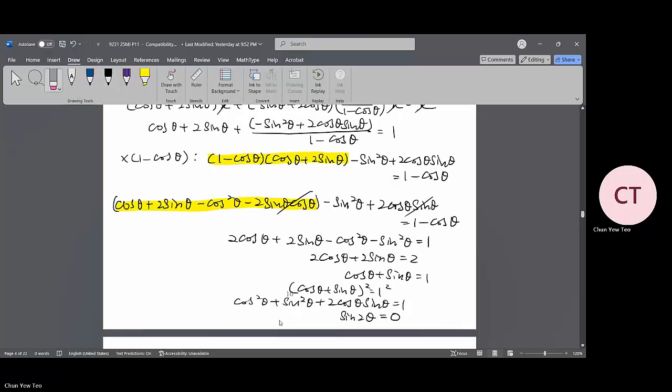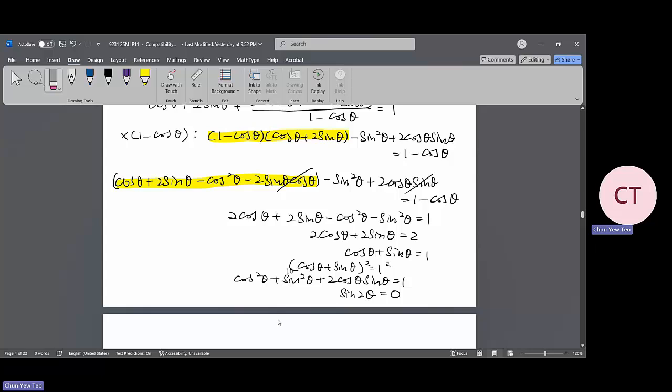So over here, we will have sine 2 theta equal to 0. You have sine 2 theta, 2 theta will be equal to 0, pi, 2 pi. And if you divide, you will get this.